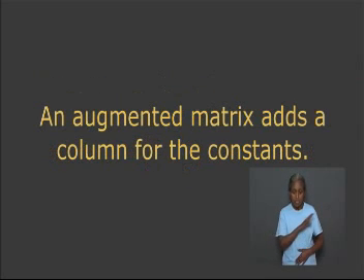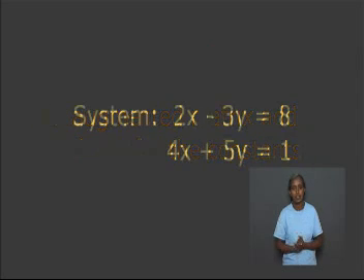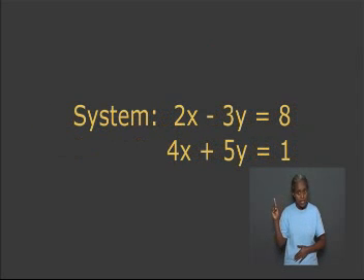An augmented matrix takes the coefficient matrix and adds an additional column for the constants on the right of the equal signs. The new column is at the far right of the matrix. Here we see a system of equations.